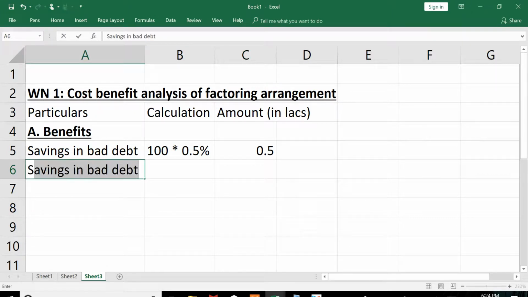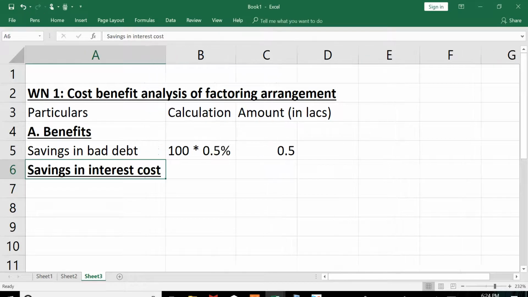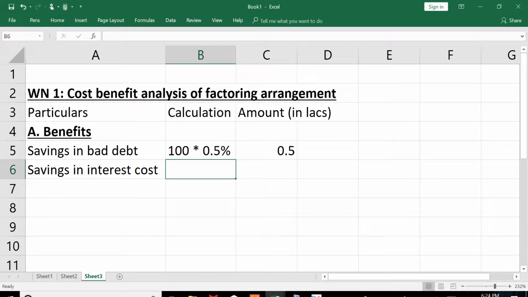Second thing which factoring does for us is savings in interest cost. Now listen, important calculation. My sales is 100 lakhs.